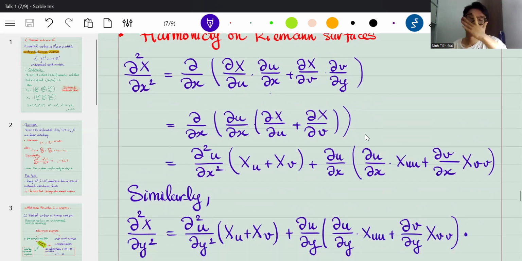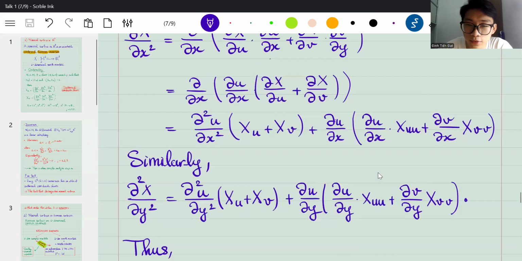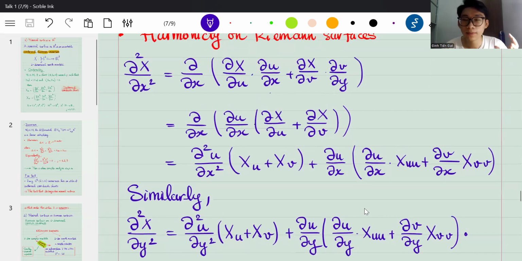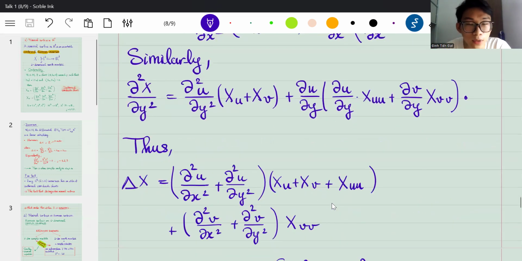Okay, so if we keep doing the derivatives of capital X with respect to the variable x, we have this formula which looks quite messy. And if we do the same thing for the y variable, we also have this messy formula. But when we add these two together, what will happen?